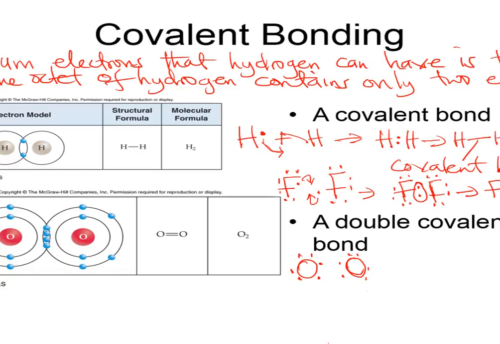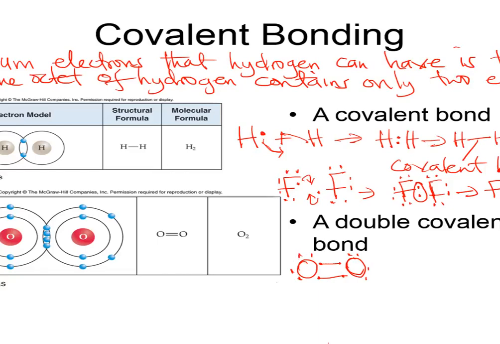So what's going to happen? There will be sharing. As you can see here, 1, 2, 3, 4, 5, 6. Then this oxygen will share with this one. So we'll say this oxygen has 1, 2, 3, 4, 5, 6, 7, but it needs one more. What does it do? It will take also from here. Now it has 1, 2, 3, 4, 5, 6, 7, 8. This other oxygen also has 1, 2, 3, 4, 5, 6, 7, 8.